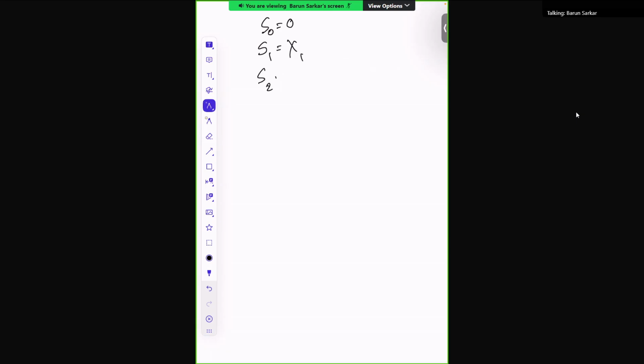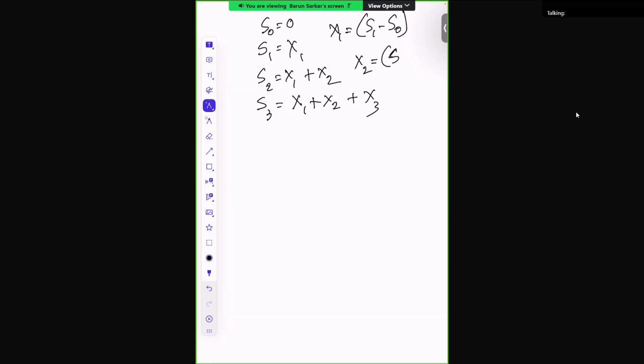You see, x1 you can always write as S1 minus S0 because S0 is zero, and x2 you can write as S2 minus S1, and similarly x3 you can write as S3 minus S2.